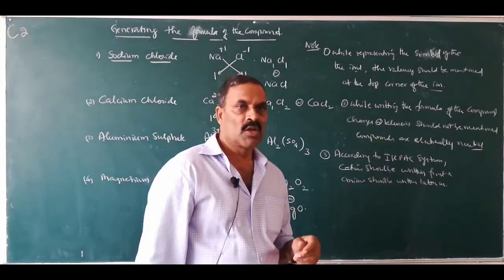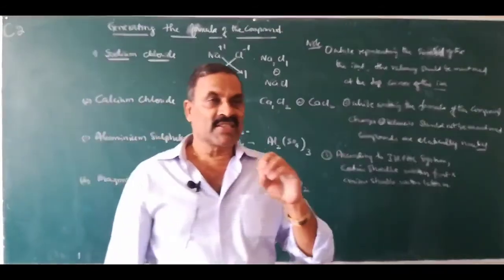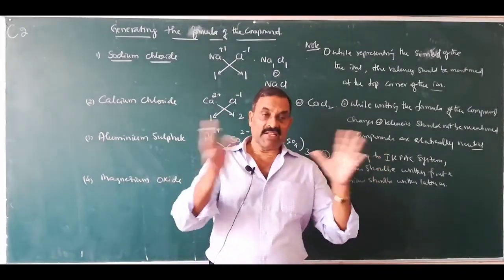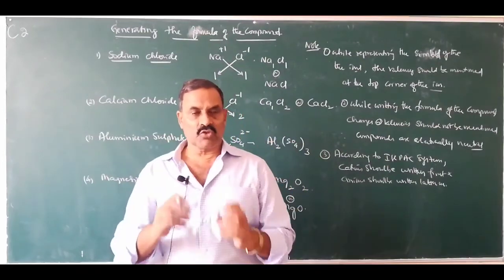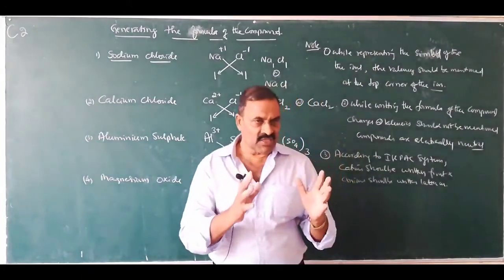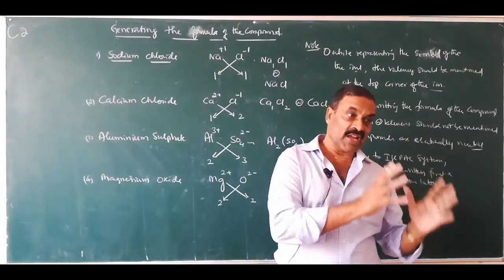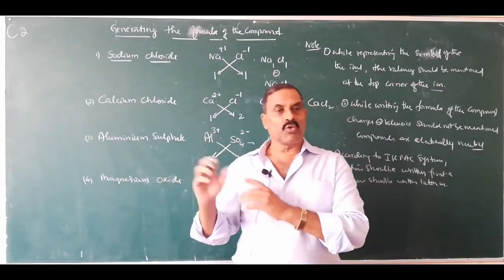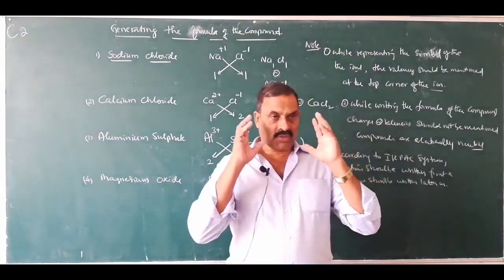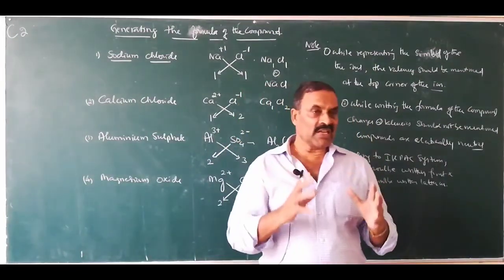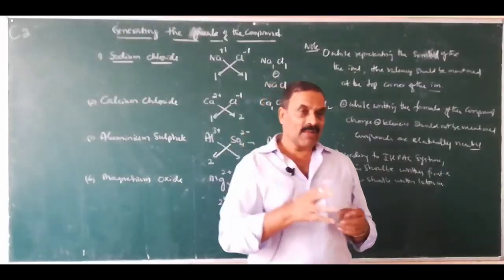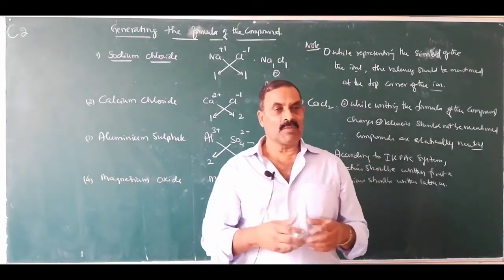So today what we have learned: what are chemical reactions. Interaction between two or more substances to give a new substance is known as a chemical reaction. The substances which take part in the reaction are called reactants. The substances which are formed during the reaction are called products. A chemical reaction can be indicated by writing the symbols and formulas of the elements or ions participating in the reaction.